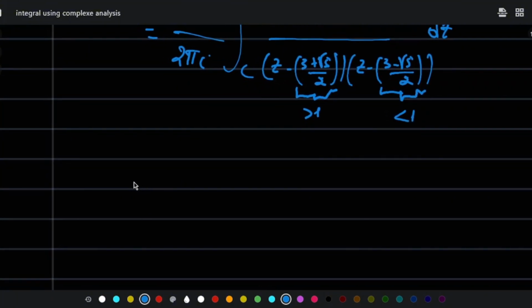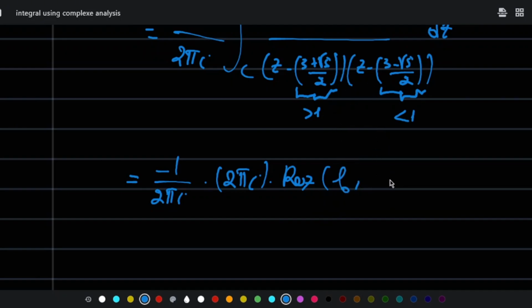So by the residue theorem, we'll get that this is 1 over 2 pi i multiplied by 2 pi i multiplied by the residue of this function, which I will call f, at (3 minus square root of 5) over 2.